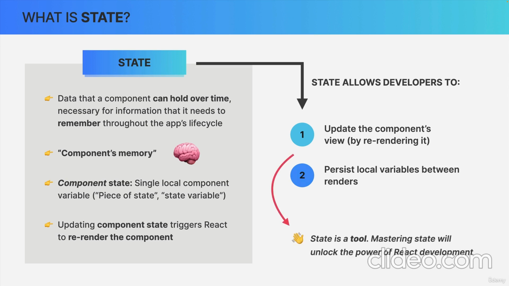And in fact, it's the most powerful tool that we have in the world of React. So understanding how state works and what it does, so understanding the mechanics of state will unlock the power of React development for you. But before we go understand the mechanics of state, let's actually first go back to our code and use this powerful tool in practice for the first time.